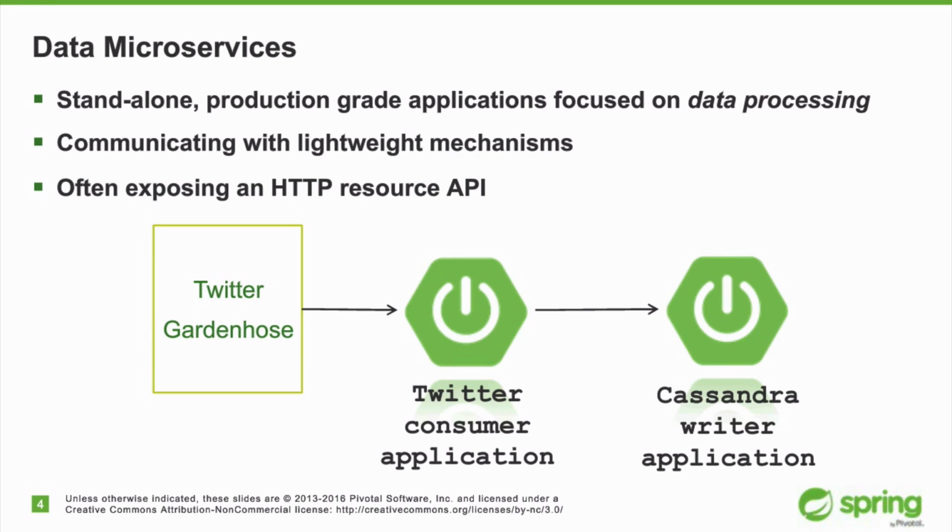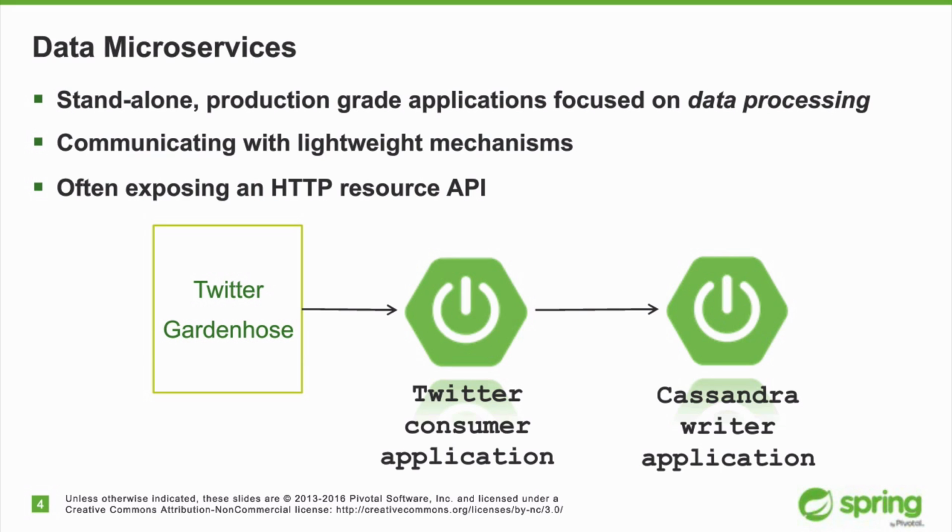And here we have an example, reading from the Twitter garden hose and writing to Cassandra. Obviously, you could write a single application that does all of that. It connects to Twitter and reads the feed and then writes each row into Cassandra. But there are a lot of advantages to breaking that up into autonomous units, at least in this case, the Twitter consumption and the Cassandra writing, into two separate applications.